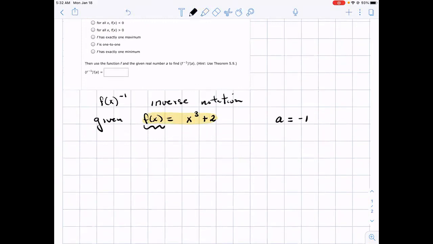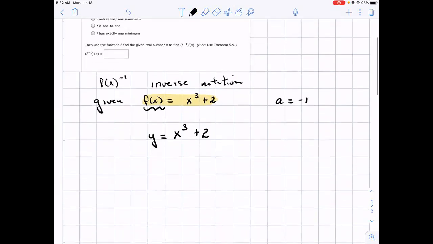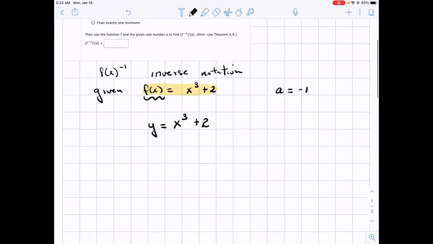First, replace f of x with y. So y is equal to x cubed plus 2, yeah? And then what we do, we interchange x and y.